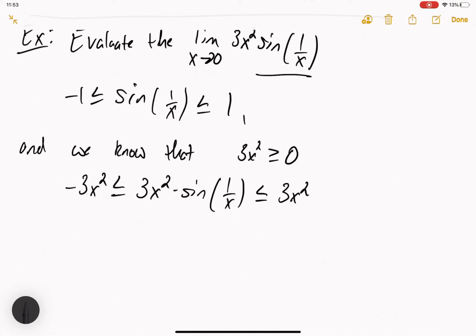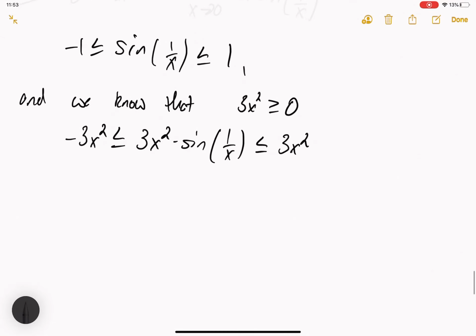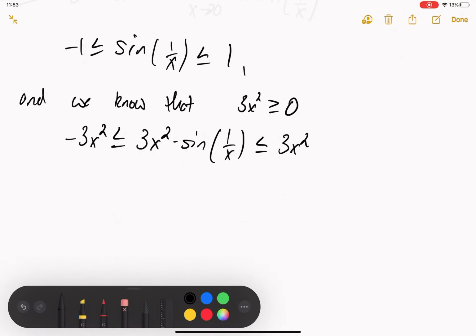All right. So what we have right here in the middle is actually what we have inside the limit. Now we can try to appeal to the squeeze theorem. To use the squeeze theorem, we have to verify all the hypotheses. If you want to use a theorem, you have to make sure all the conditions are true.